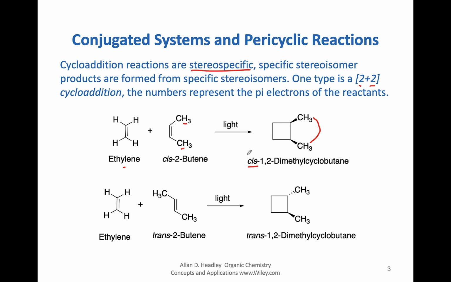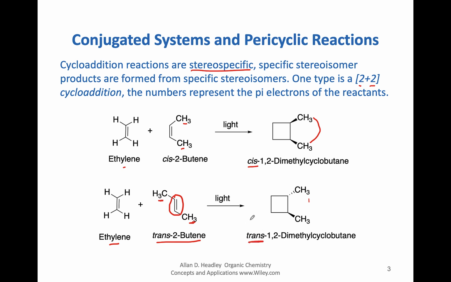So the stereochemistry is maintained in going from reactants to product. Here's another example. Same ethylene, but in this case we have trans-2-butene. So here the two groups are trans to the double bond. In the presence of light, we have here the trans product as shown here.